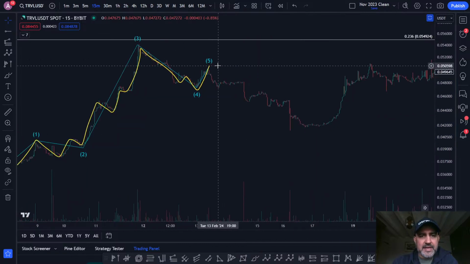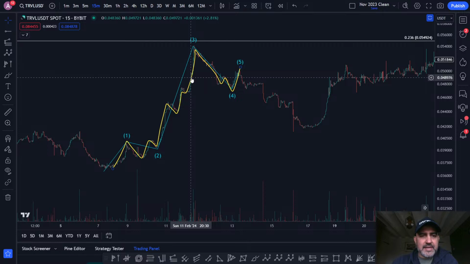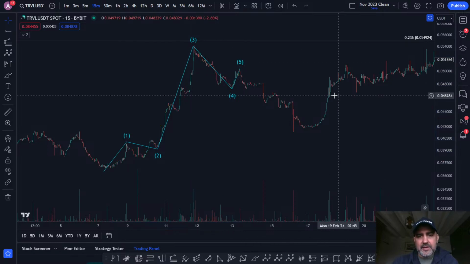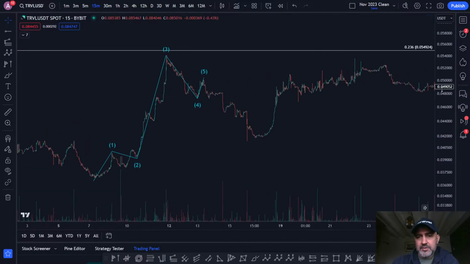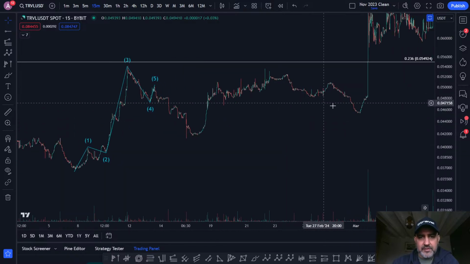So actually it would end there. The 5 ends there. That's where the wave ends, not up there, here, because you have a weak 5.